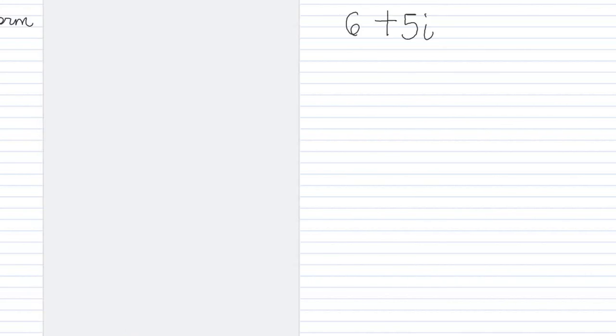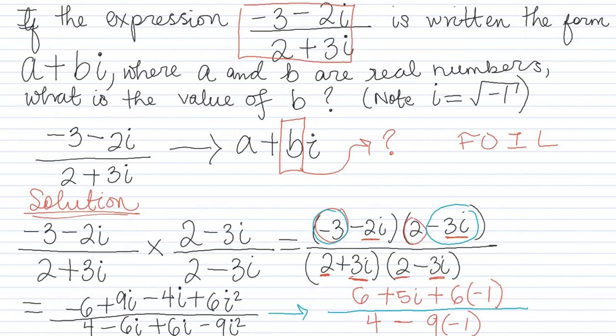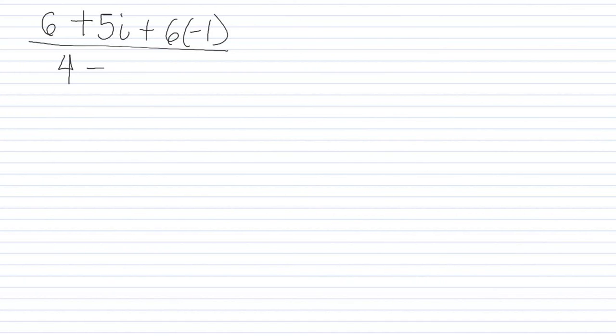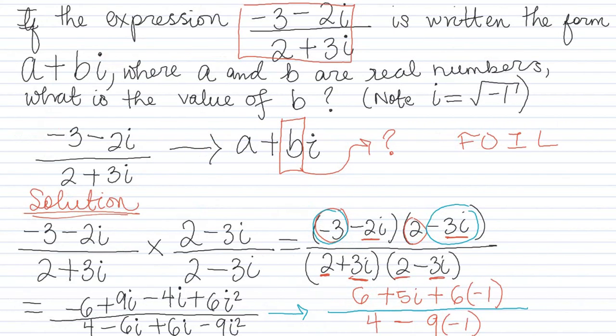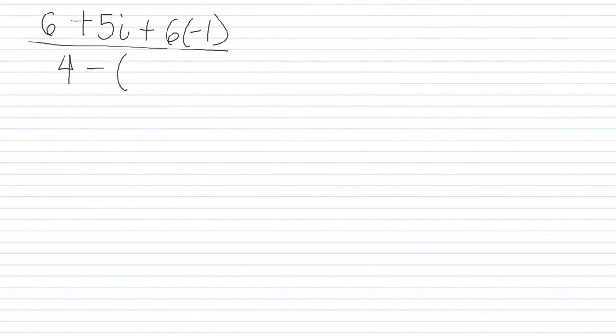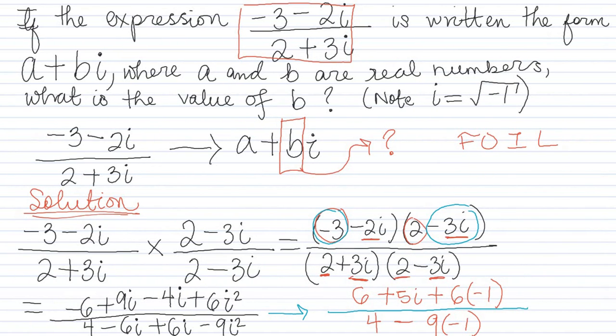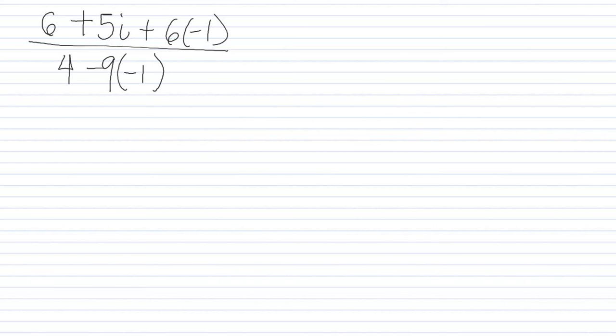So you have 6 plus 5i plus 6 times negative 1, divided by 4 minus 9 times negative 1. That is what you have so far.